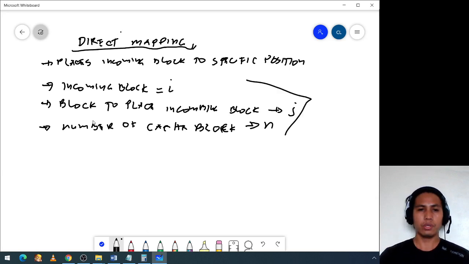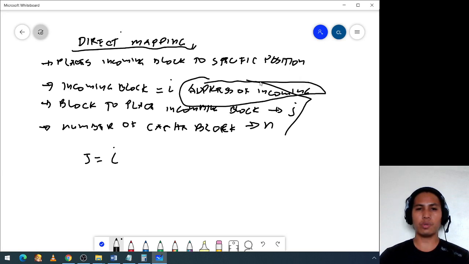So the place for the incoming block, kung saan po natin ilalagay, that is J, which is equivalent to I, take note, the address or number of the incoming block.